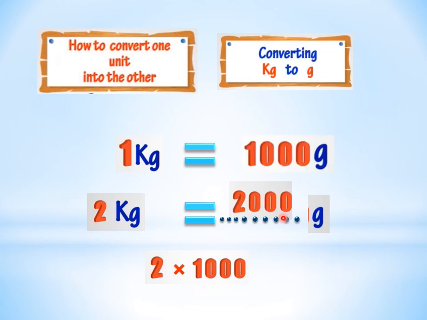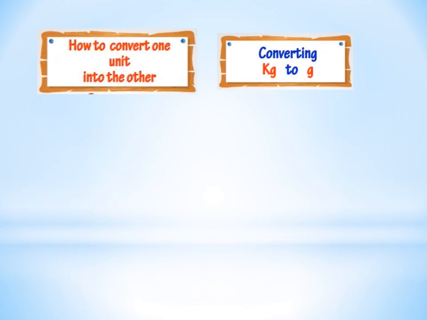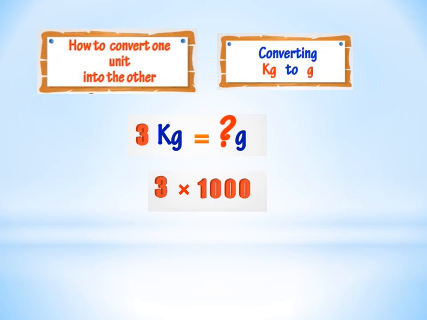Remember when we were multiplying by 10, I always add 1 zero to the number. Here I'm multiplying by 1,000, so I will add 3 zeros to the number. So 2 and 3 zeros. How do I read it? Yes, 2,000. If I have 3 kilograms, this will be how many grams? Let's do it. I will multiply 3 by 1,000.